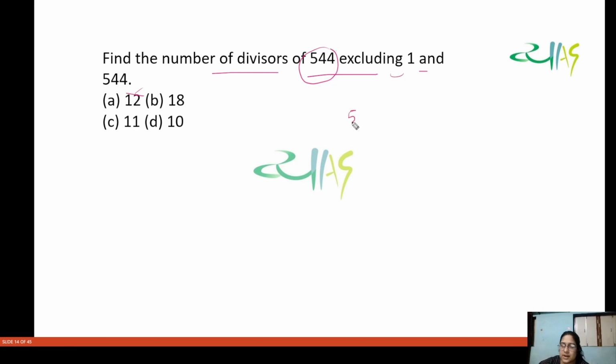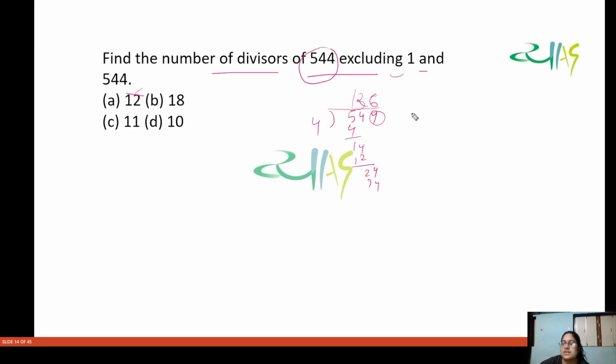So let's see what are the factors of this number. So now we have 544 here. Just divide this by 4, because we know this is divisible by 4. So 4 1 times 4 you are going to get 4, 2 times 4 you get 8, 3 times 4 you are going to get 12. And then 4 6 are 24.